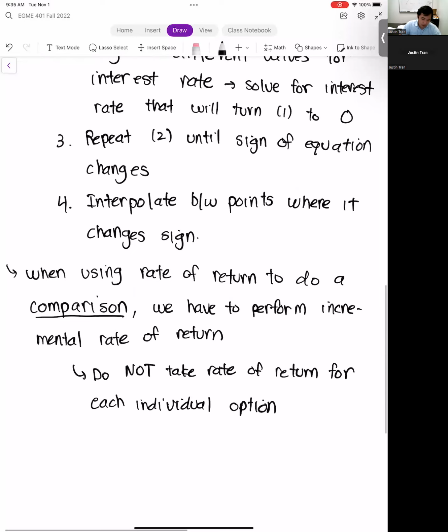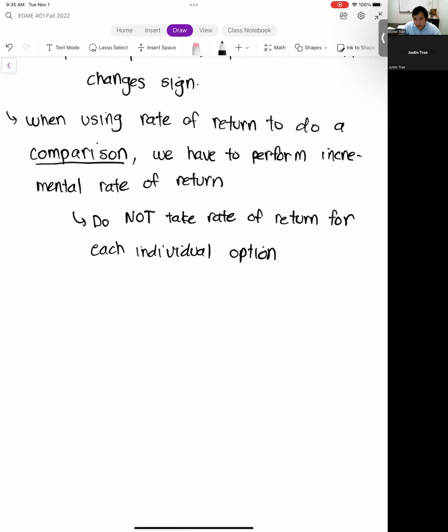I mean, you can. I mean, it's not illegal or anything, but it's just going to be a waste of time. And so what you need to do is take a difference. You're going to take all the cash flows from each of those two options and subtract them from each other. Okay. And you're going to do the more expensive option minus the less expensive option.